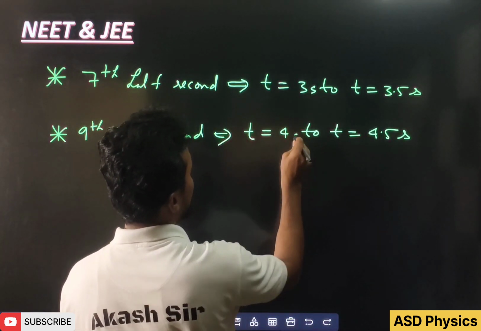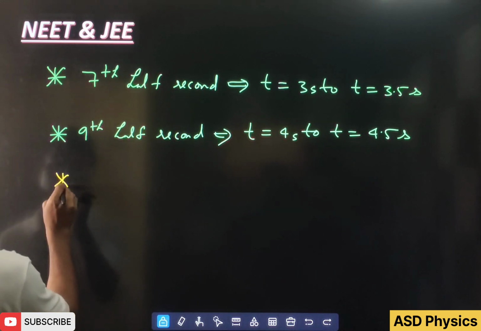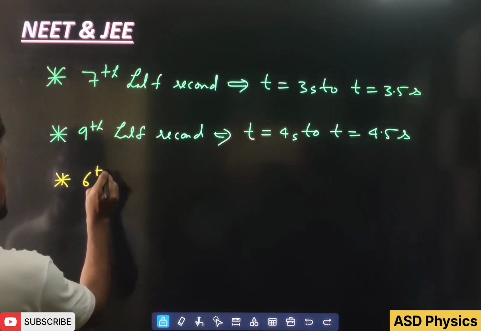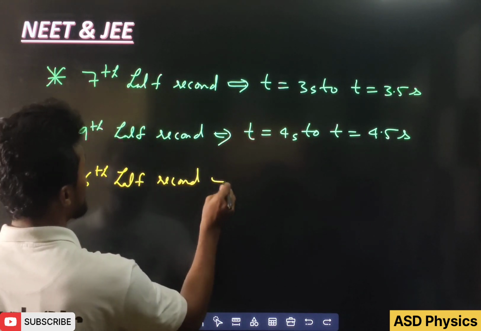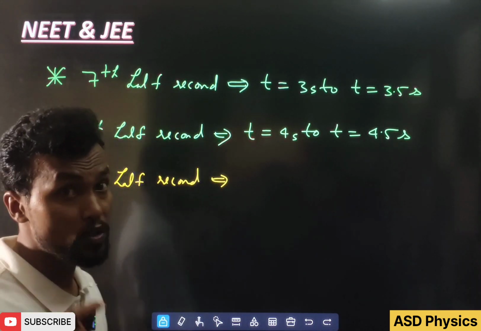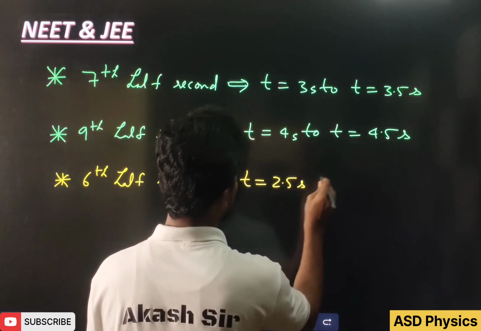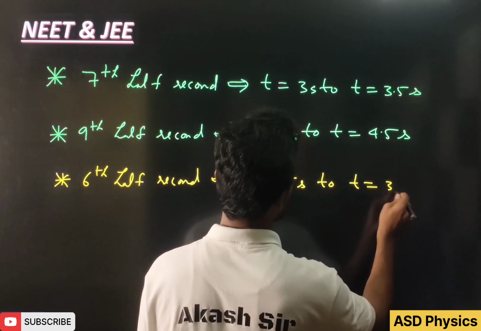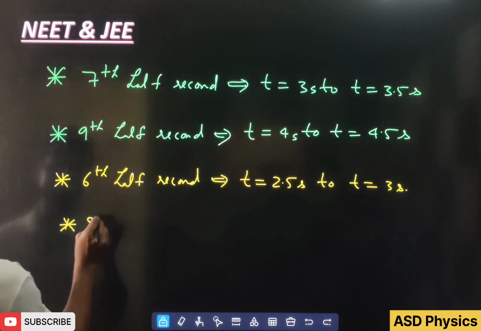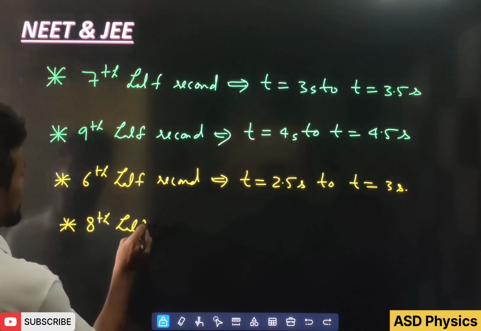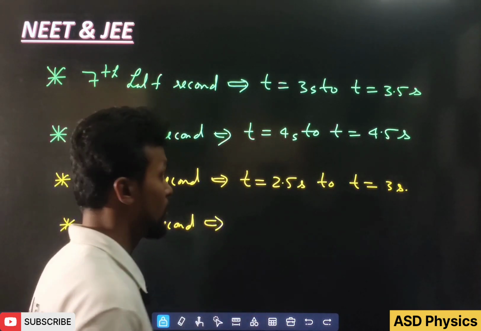Now you can write second also. And if we go like this with even numbers, let's say they told sixth half second. Sixth half second means you will do 6 by 2, 3. That means t equal to 2.5 second to t equal to 3 second. Like that the difference will come. One more example for you, eighth half second. 8 by 2 means 4.